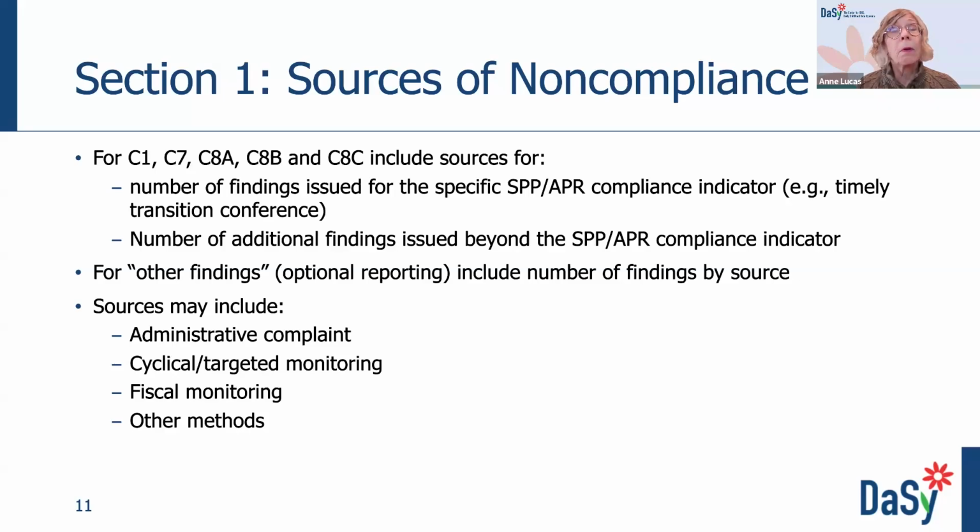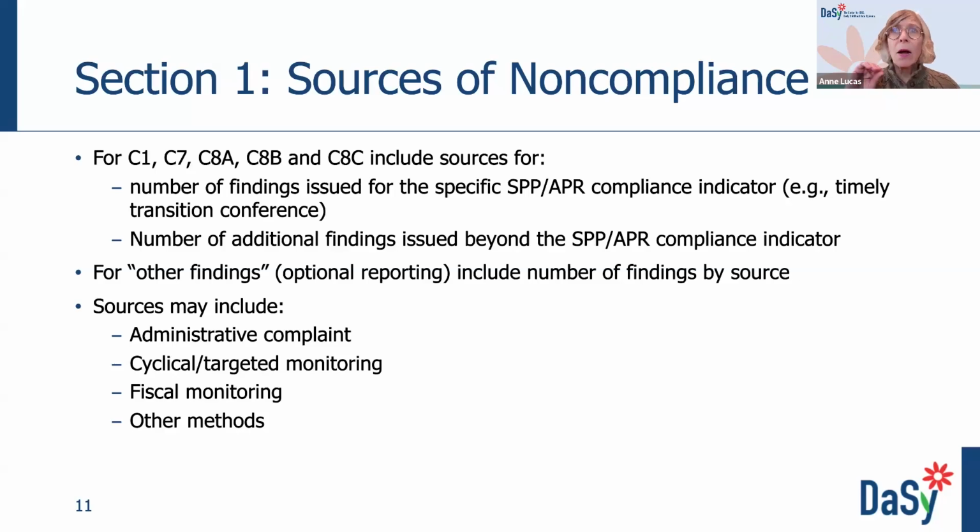For example, you may be looking at whether the services that are listed on the IFSP were actually provided. Some states look at that information as part of their fiscal monitoring rather than more programmatic monitoring. And that might be a related requirement to Indicator 1, for example.